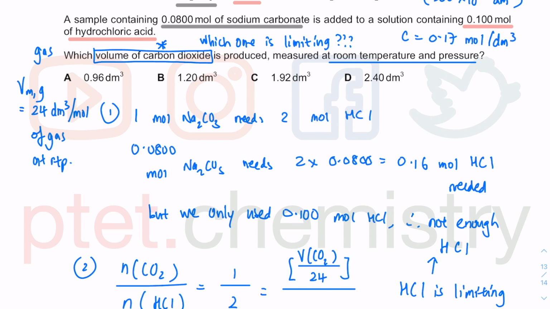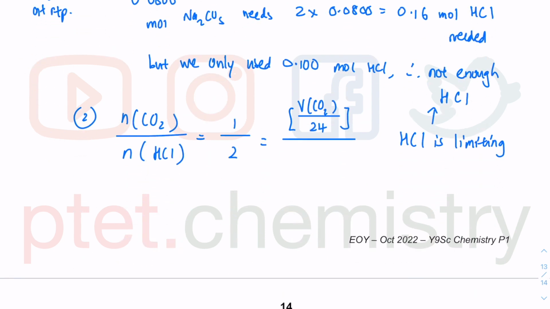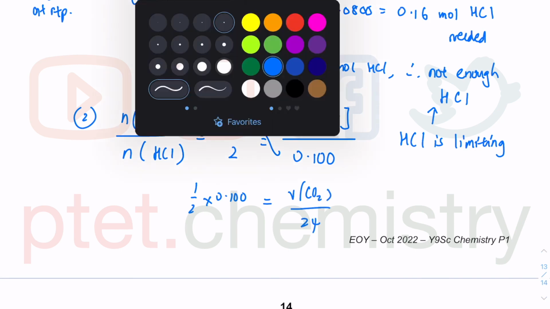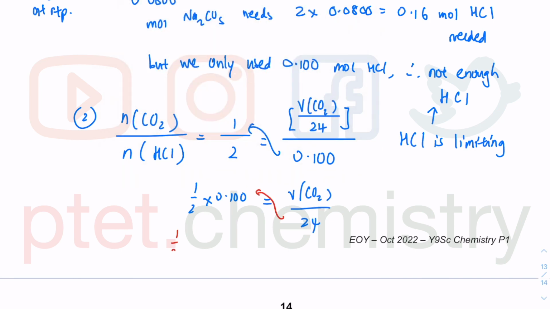And the actual mole of HCl that reacted, because HCl was limiting, you have 0.100 mole of HCl there. This is the mole of CO2. These are the mole ratio from the balanced equation, labelled based on the equal sign there. So move up the numbers, and then I get volume of CO2 over 24. You can then move up the 24 to the other side, and you should be able to just press your calculator and you get the volume of CO2.